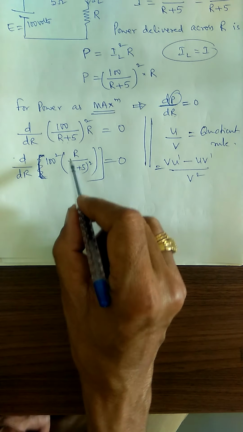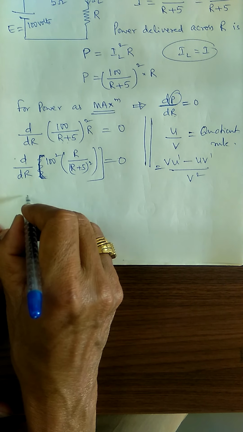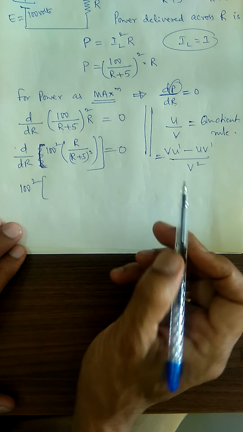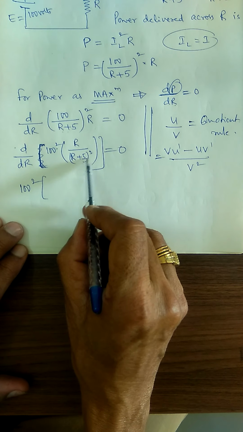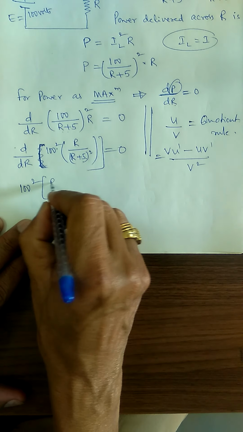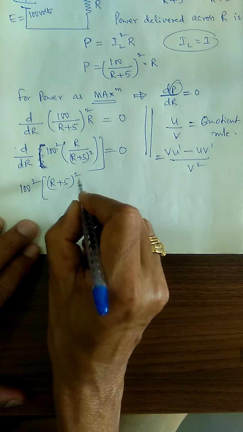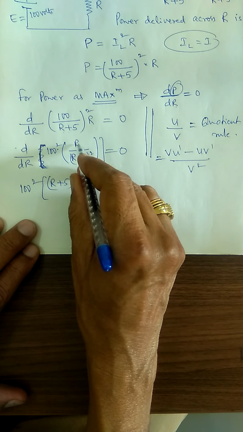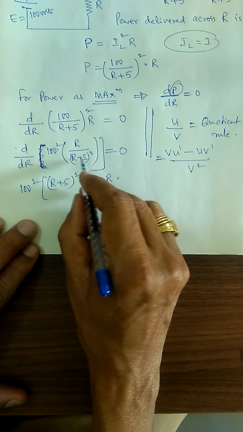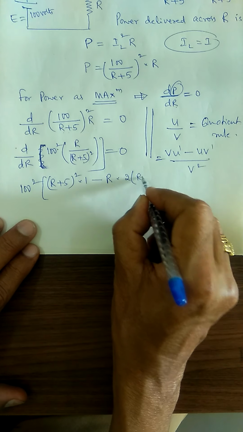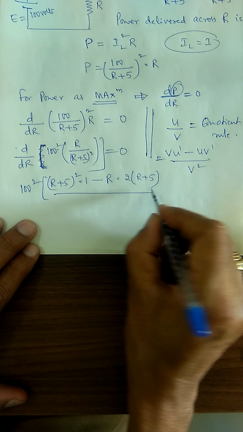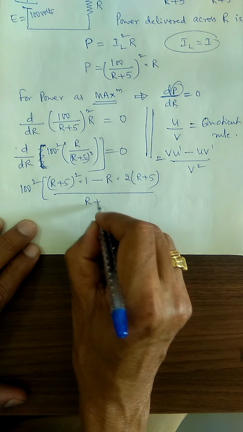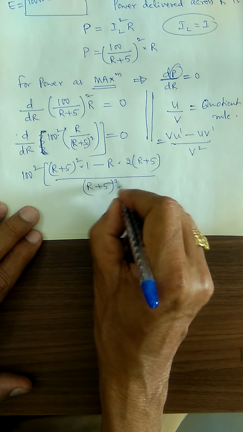Now, differentiate this. You will be getting 100 square as it is, into V into U dash: V is (r plus 5) square, into U dash, the differentiation of r, minus U into V dash, the differentiation of (r plus 5) square, which is 2 into (r plus 5), divided by ((r plus 5) square) whole square.